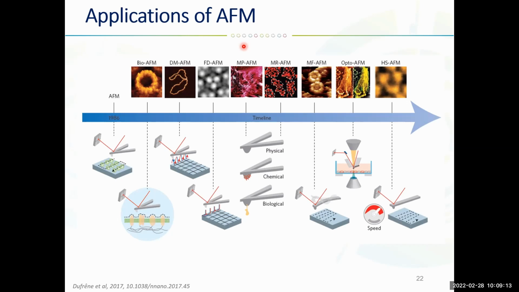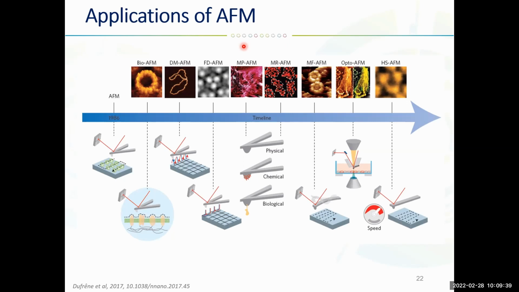Sometimes when we treat cells with different drugs, the force with which they adhere can go away from the surface, and we can assess how strongly they are attached to the surface or not.